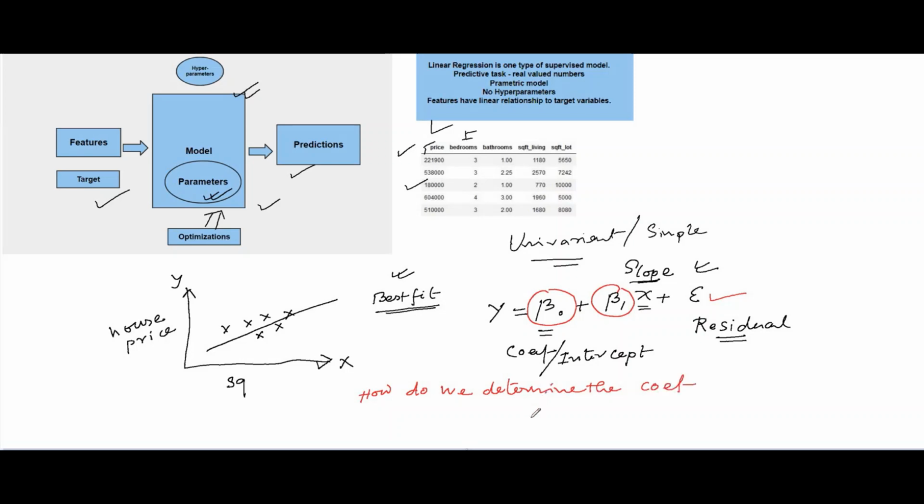Basically, how will we calculate this beta 0, beta 1? In this case we are talking about univariate, but when we talk about multivariate there will be more coefficients, one coefficient for each feature.